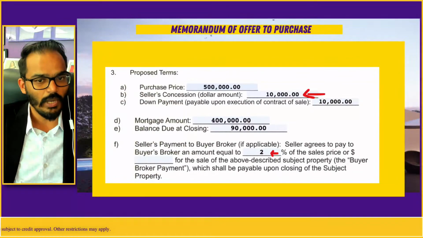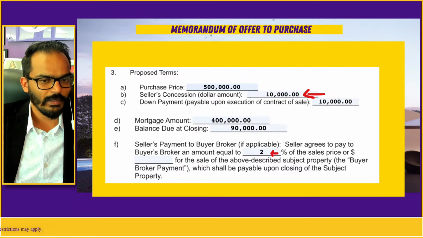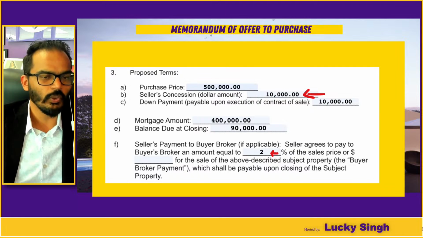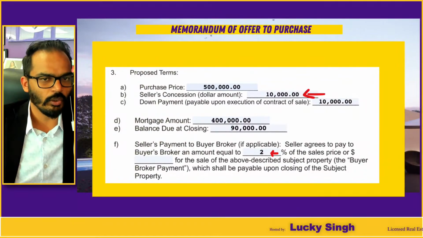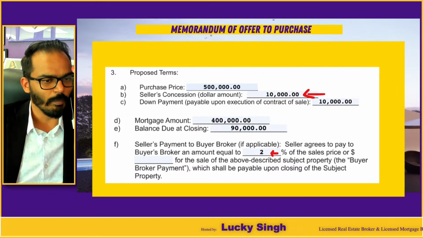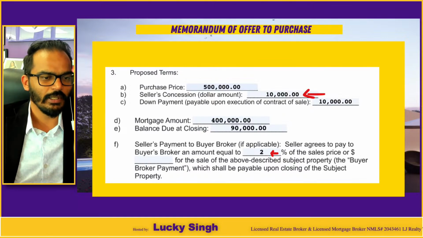But now when you're asking for this, then you're going to make your offer price $510,000. And if you're asking for a commission, look at your letter F here. This is where you agreed on it, right? You're not going to fill both of these sections out. It's just to show you that both options are on the offer letter. If you're asking for a concession, it's going to be in your letter B. And if you're asking for commission to be paid, then it's in letter F.